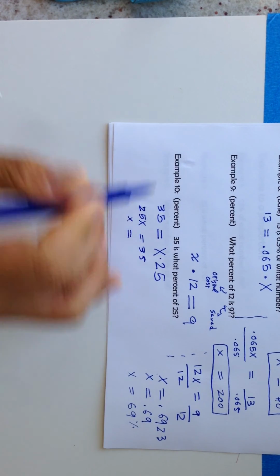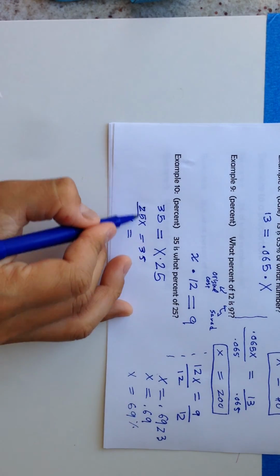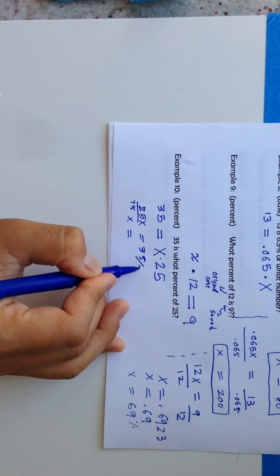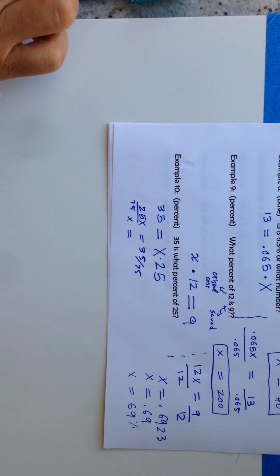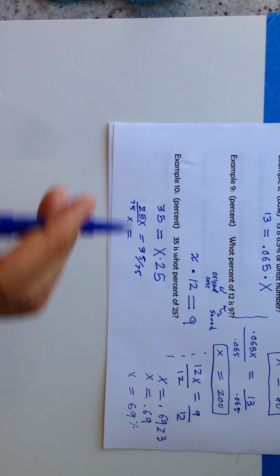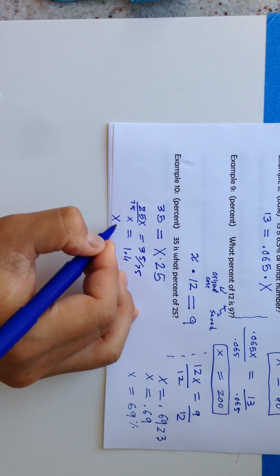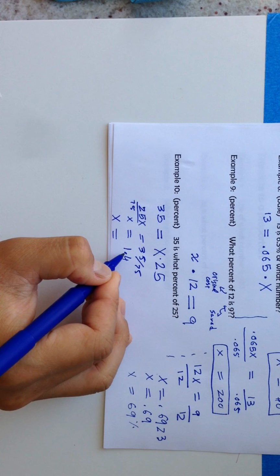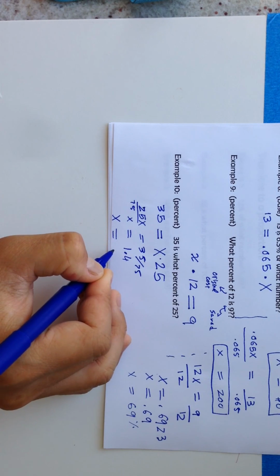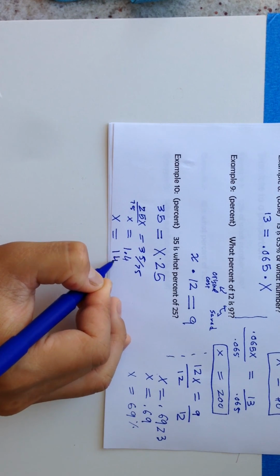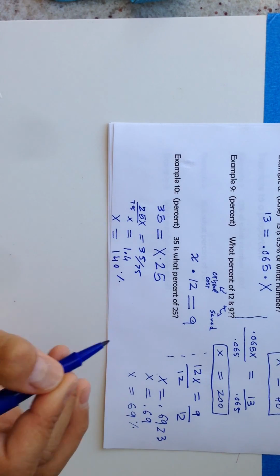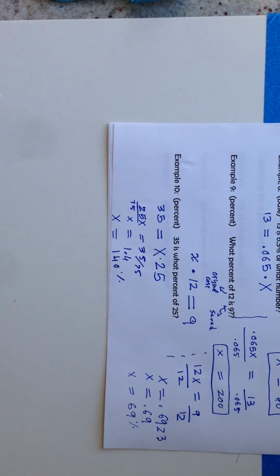We're going to divide both sides by 25. It comes out to be 1.4. And then in order to make this into a percent, you move this decimal 2 places to the right. So it becomes 140. So it turns out to be 140% savings.